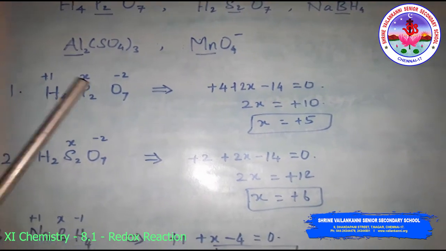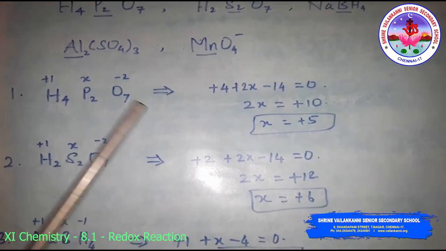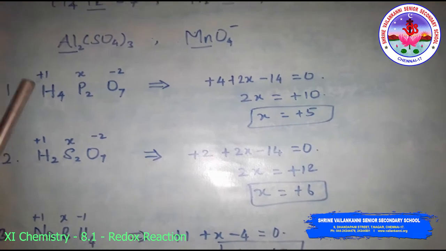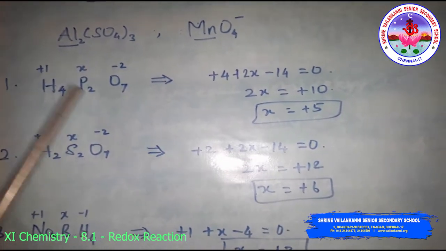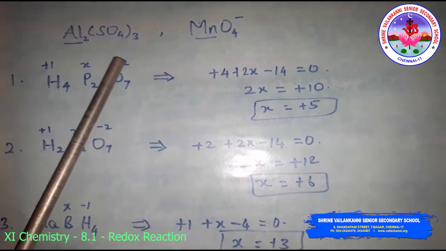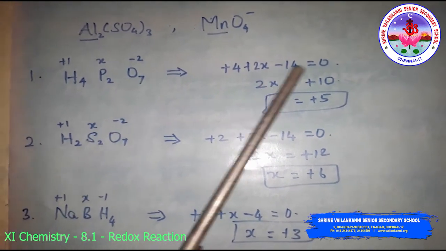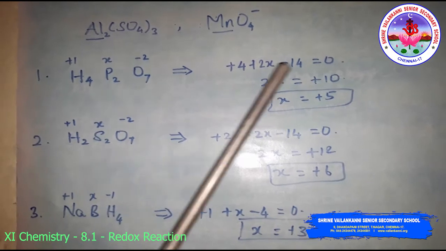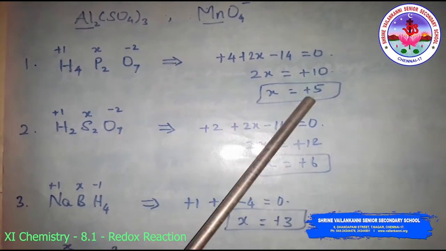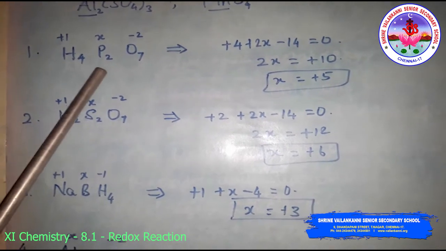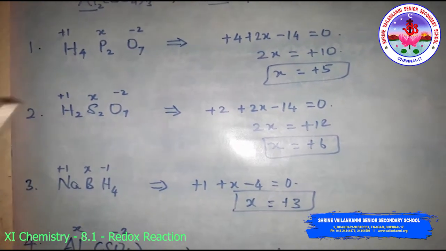Now +1 into 4 is +4, and with 2 phosphorus, 2x, and -2 into 7 is -14, equal to 0. Then 2x equals 10 and x is equal to +5. Here the phosphorus oxidation state is +5.